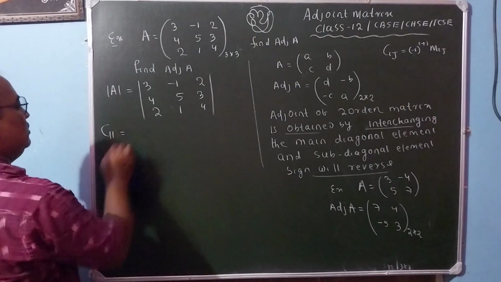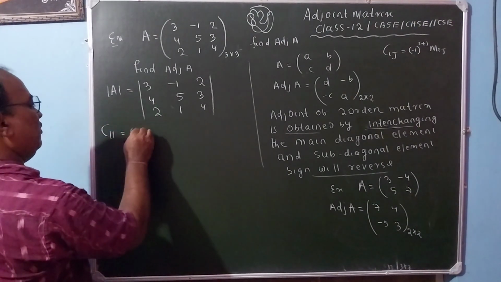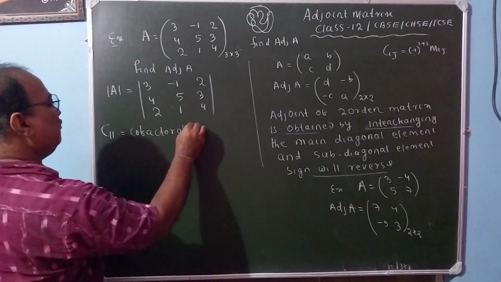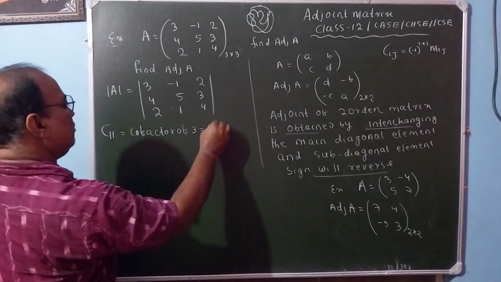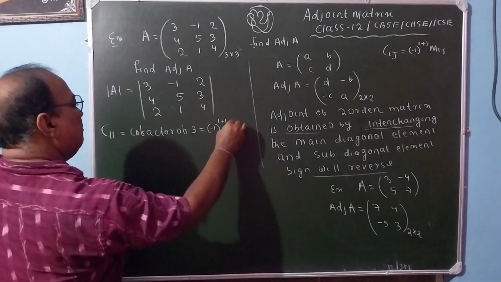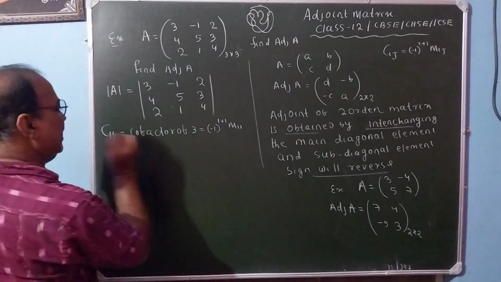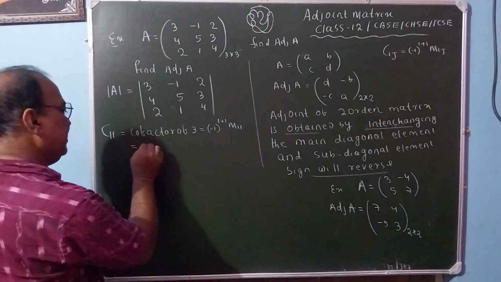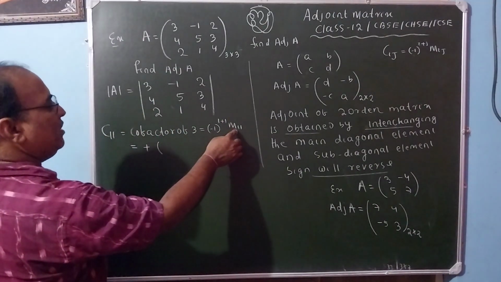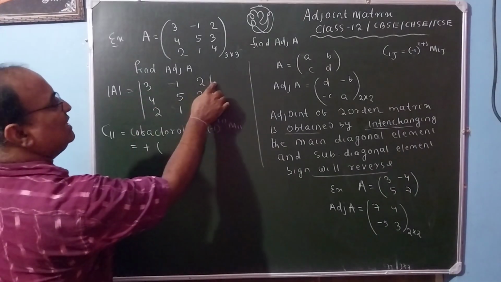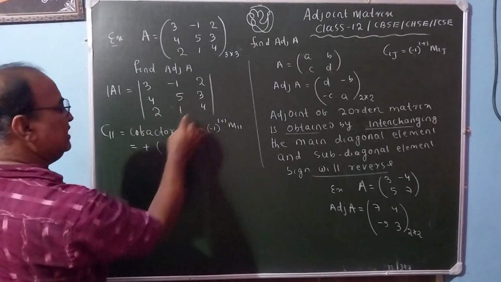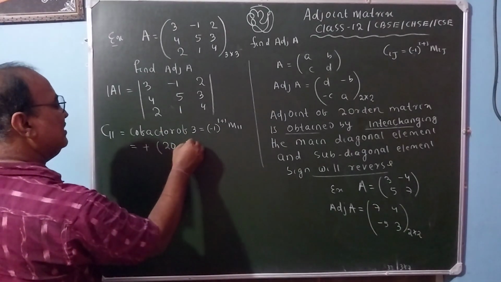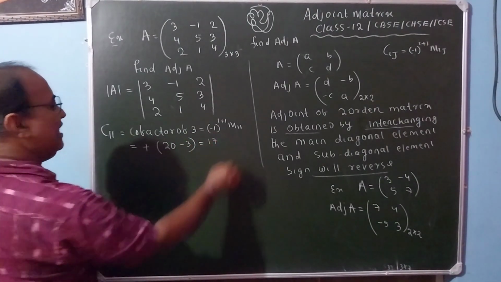C11 means cofactor of 3: minus 1 to the power 1 plus 1, minor of 11. Here 1 plus 1 is 2, so it is plus. Minor of a11 means you have to delete this row, this column; 5 into 4 it is 20, minus 3.